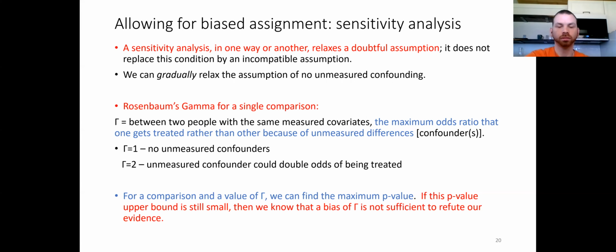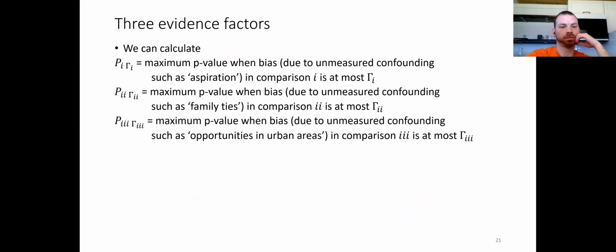If this p-value upper bound is still small, then we know that a bias of gamma is not sufficient to refute our evidence. And because we have three comparisons, we have three sets of p-values using three sets of gammas.